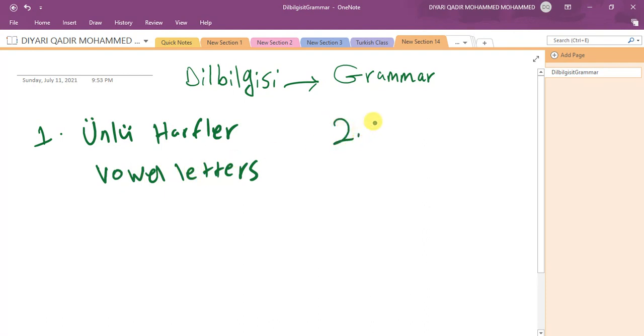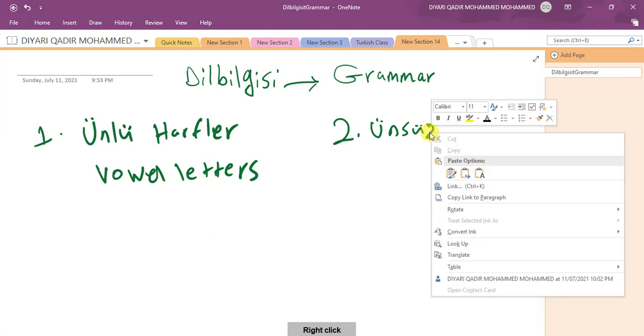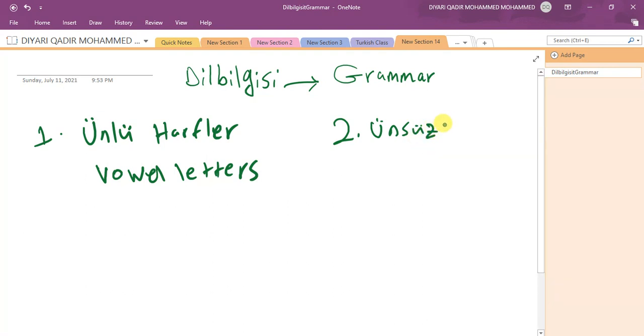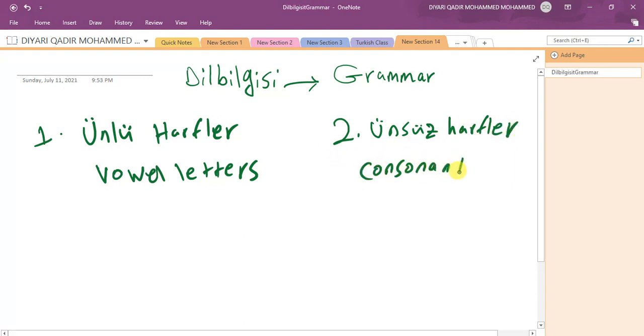The second is consonants. So it's called ünsüz harfler. Consonant letters.